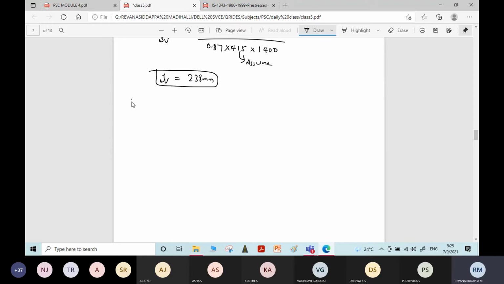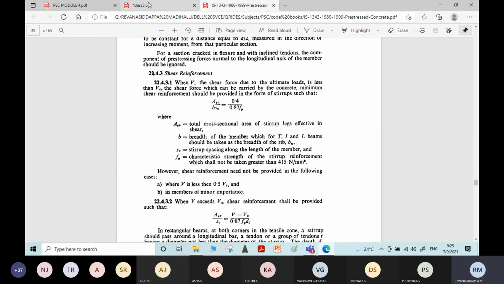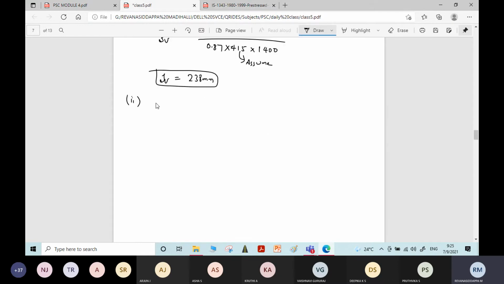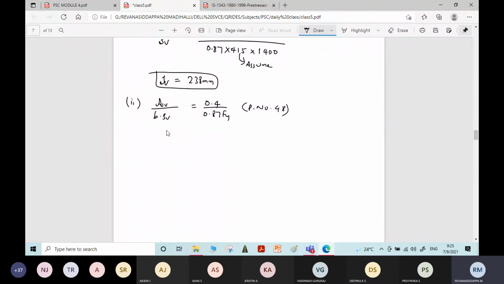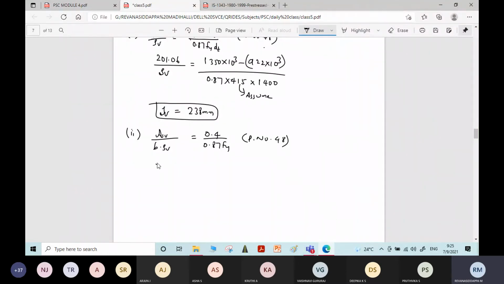Then the second calculation, there is one more formula in the code book. ASV divided by B into SV is equal to 0.4 divided by 0.87 Fy. Page number 48. ASV is 201.06.